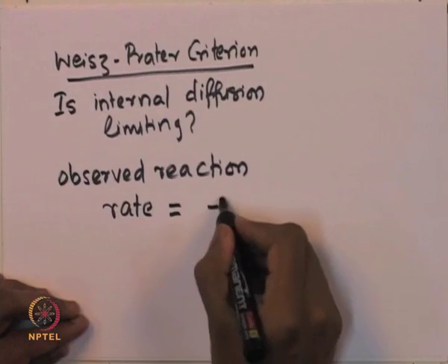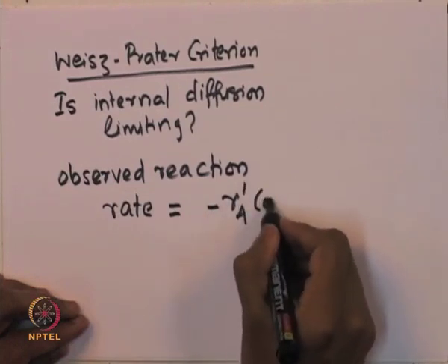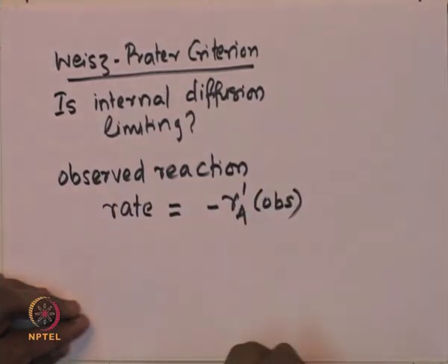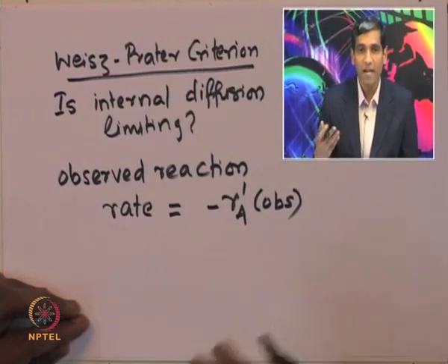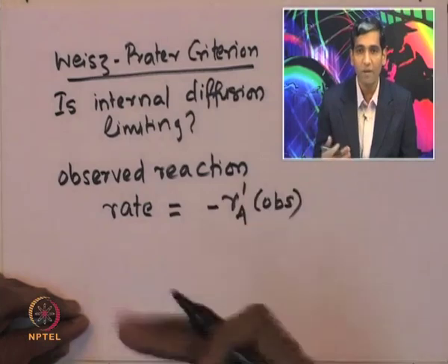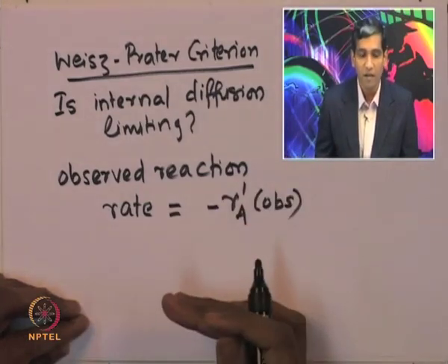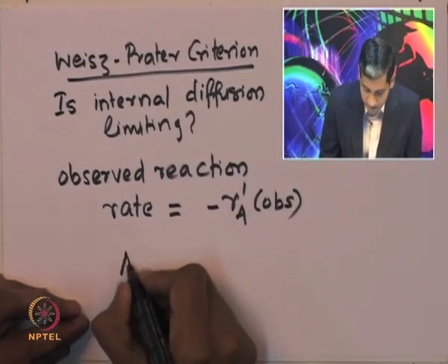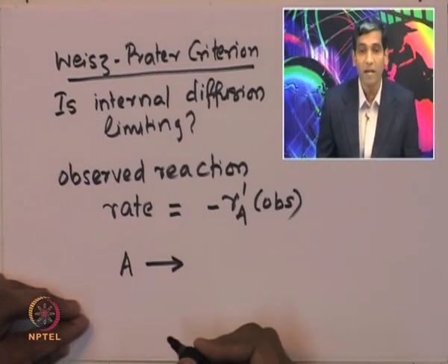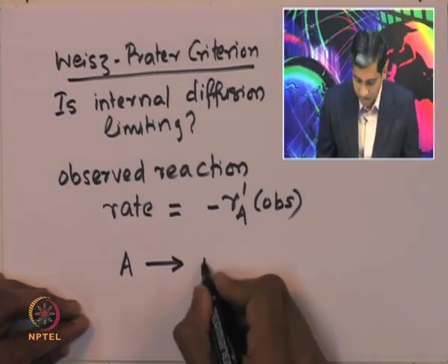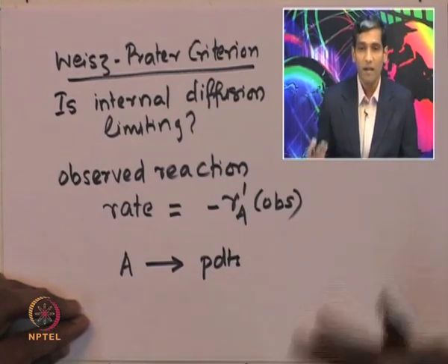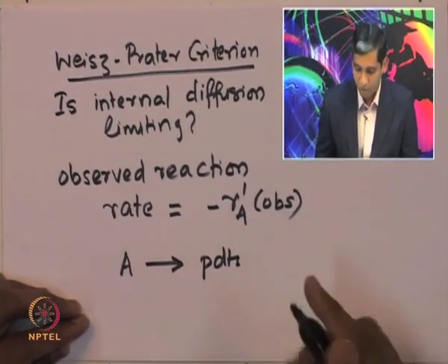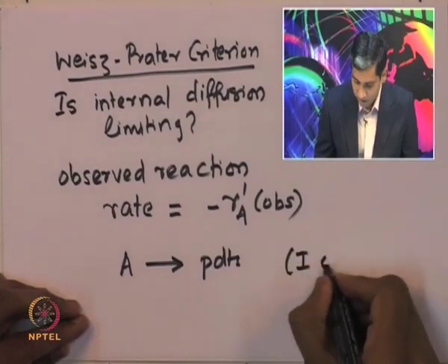Let us say minus RA prime OBS stands for the observed reaction rate, and we will use this nomenclature for the rest of the lecture. And let us consider a first order reaction where A, a reactant, undergoes a certain heterogeneous catalytic reaction and results in forming a product, and let us assume that it is a first order reaction.